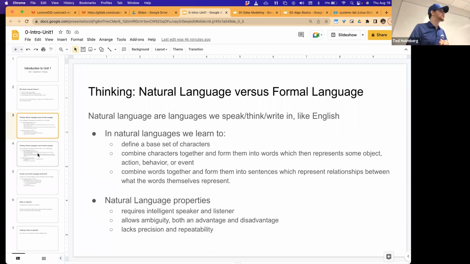So what we want when we develop software, and this isn't just in the world of computer science, what we want if we're physicists, what we want if we're biologists, what we want if we're chemists, is the ability to define, to describe the world around us in a way that it is repeatable, that it is precise, that when I write that down or I tell it to you, you implement it in the same way I did.